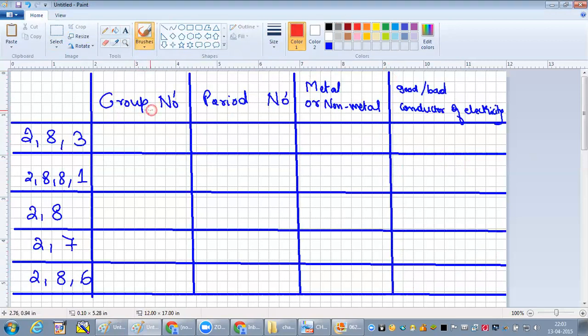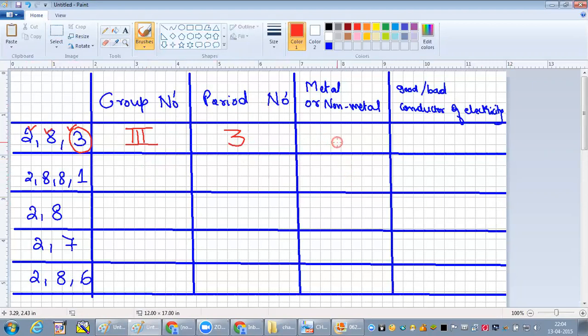If you want the group number, just look at how many electrons are there in the last or the outermost shell. There are 3 electrons in the outermost shell, so its group number will be 3. Now, if you want the period number, you just have to count the number of shells. 1, 2, and 3. So it is in the 3rd period, or period number 3.